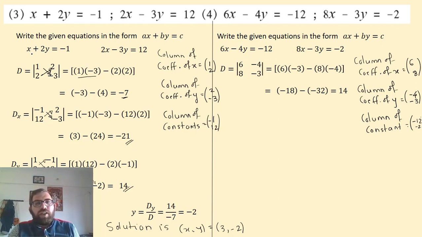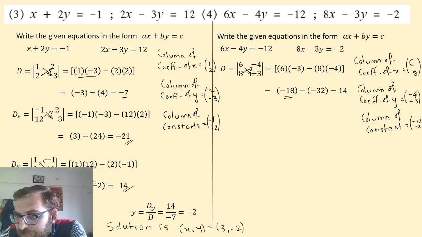This is 6 into minus 3 minus 8 into minus 4. So 6 into minus 3 will be minus 18. 8 into minus 4 will be minus 32, minus minus will become plus. So minus 18 plus 32 will give you 14.